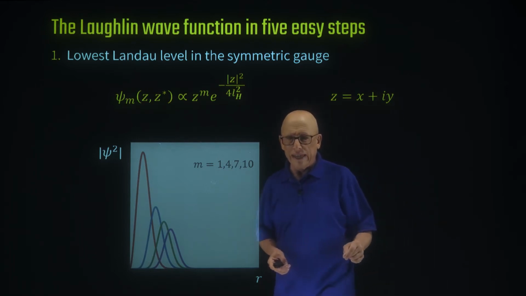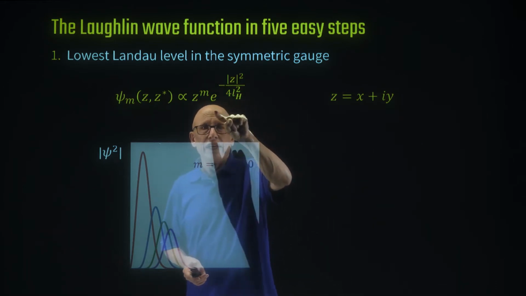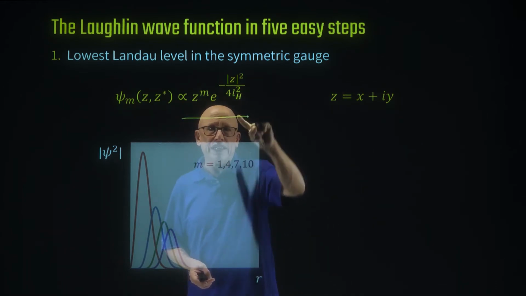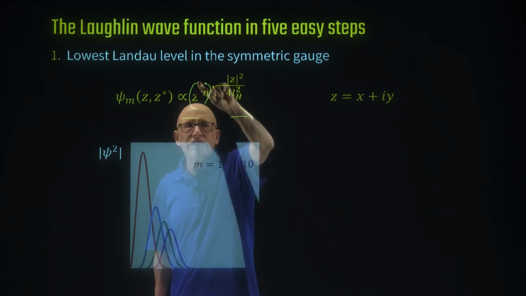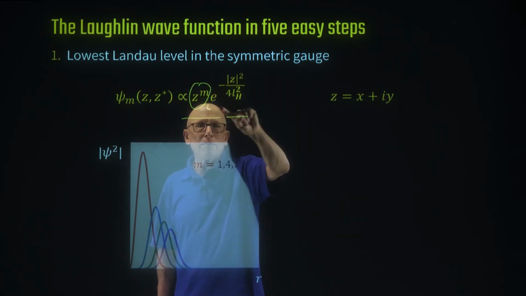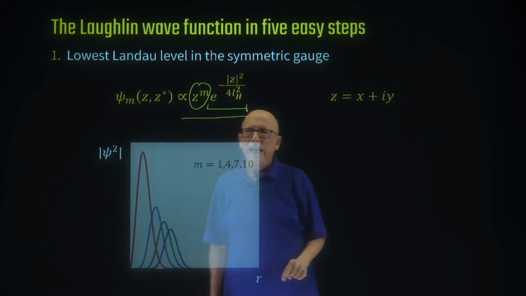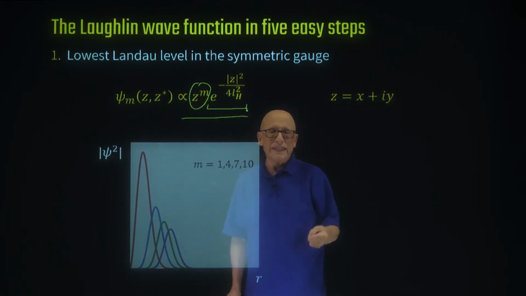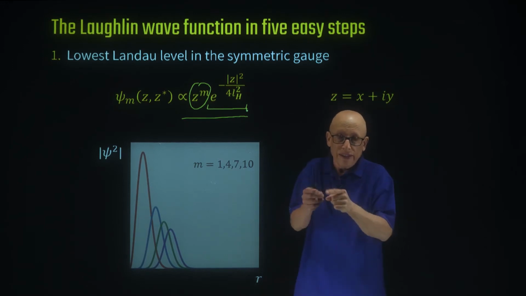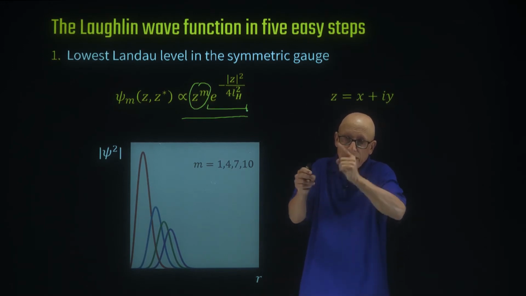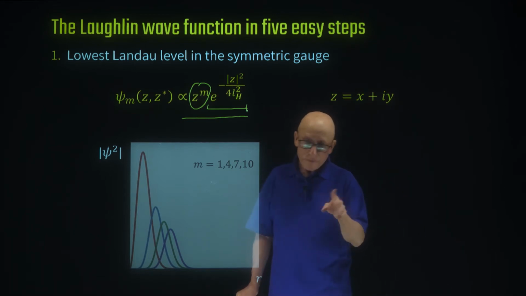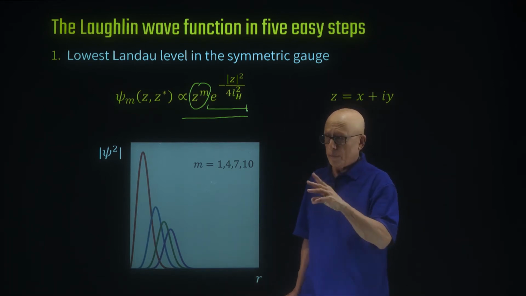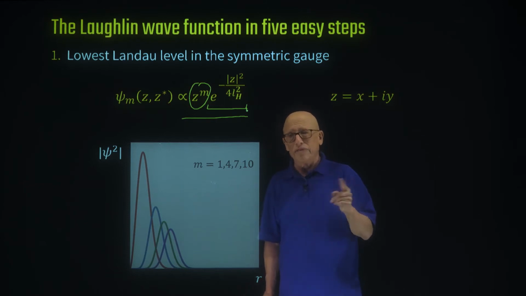And the wave functions for the lowest Landau level in this gauge are given here. They're a product of z to the power m multiplied by a Gaussian factor. And m here is a quantum number that characterizes each of the single particle states. Now it has a clear physical meaning. It's an angular momentum.